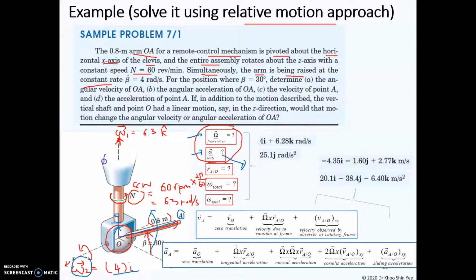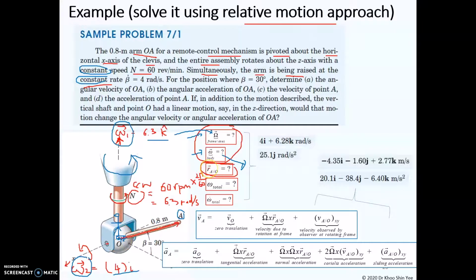Due to the rotation here, this guy is rotating, so omega 1, which is 6.3k, is the Omega, the angular velocity for the frame. Since both of them are constant, Omega dot and omega dot will be equal to 0. Since you have a rotating frame, the guy standing at point O is no longer an inertial frame. This is a non-inertial frame, or rotating frame.